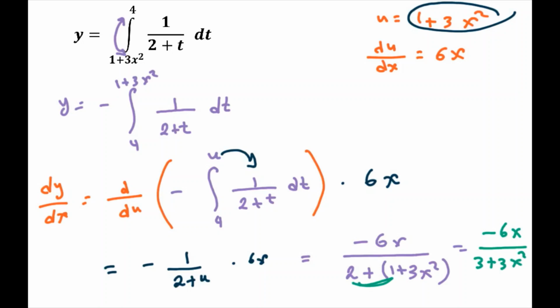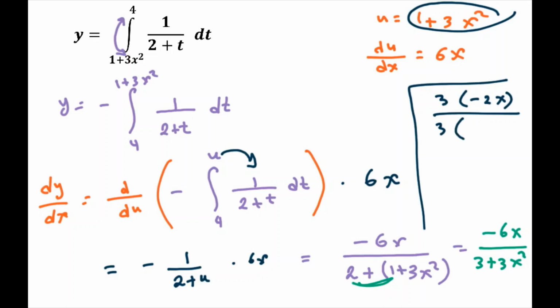Of course, you can simplify by taking 3 as a common factor. That's going to be 3 multiplied by 1 plus x squared in the denominator. Cross out the 3s. The final answer is negative 2x over 1 plus x squared.